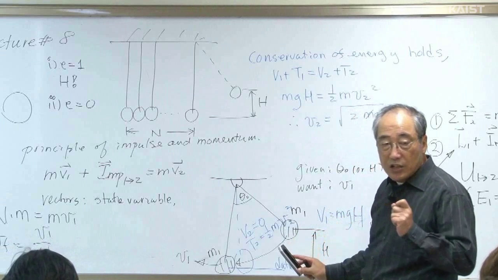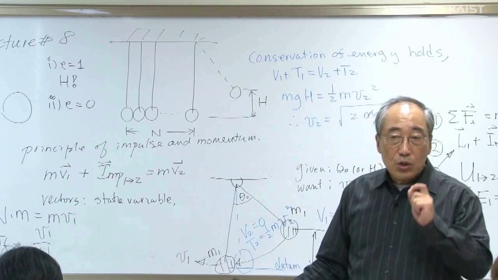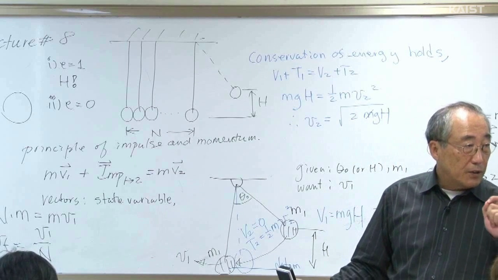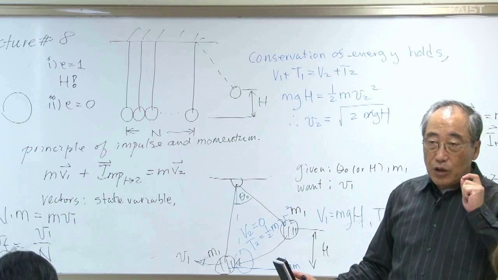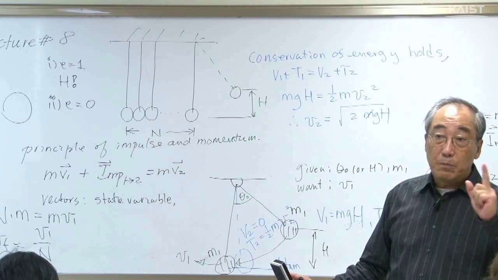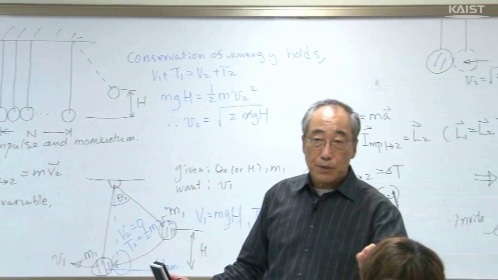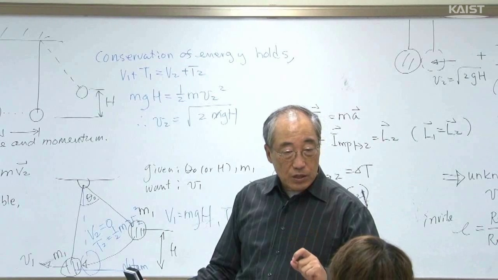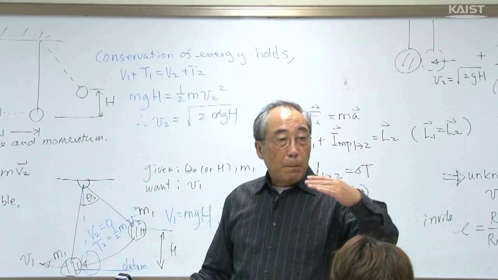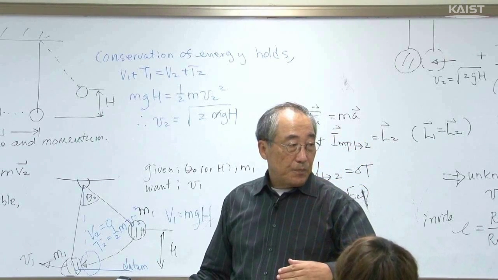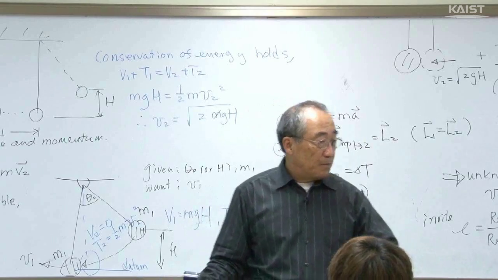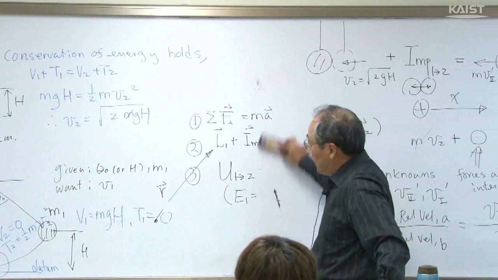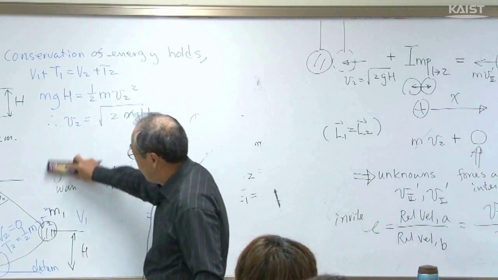I emphasize again, you have to draw your selected principle graphically, and you have to invite a coordinate, and then you have to write down the equations based on your graphical expression, and you have to count the number of unknowns and equations, and so on, step by step.